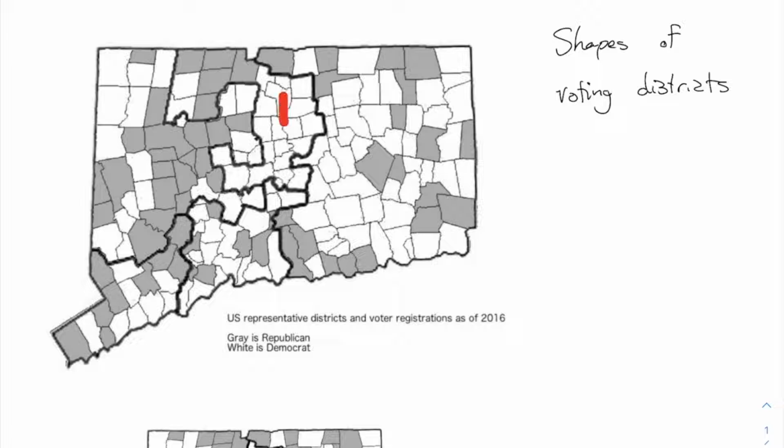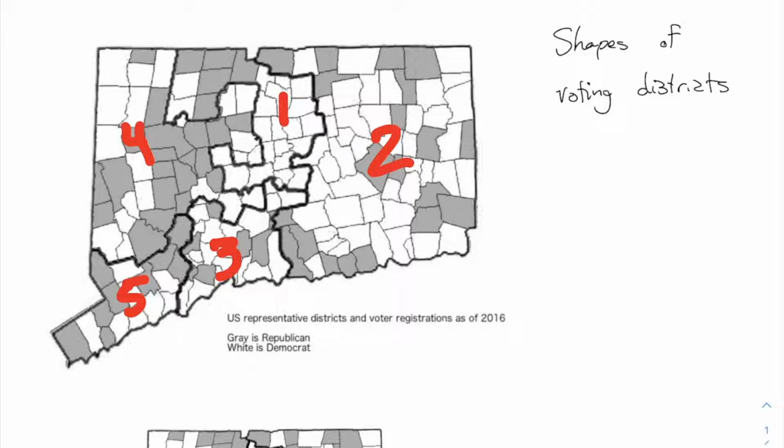This is District 1, I don't know if you care. This is District 2, 3, 4, and 5. And we are in District 5, currently represented by Mr. Jim Hines, a Democrat.